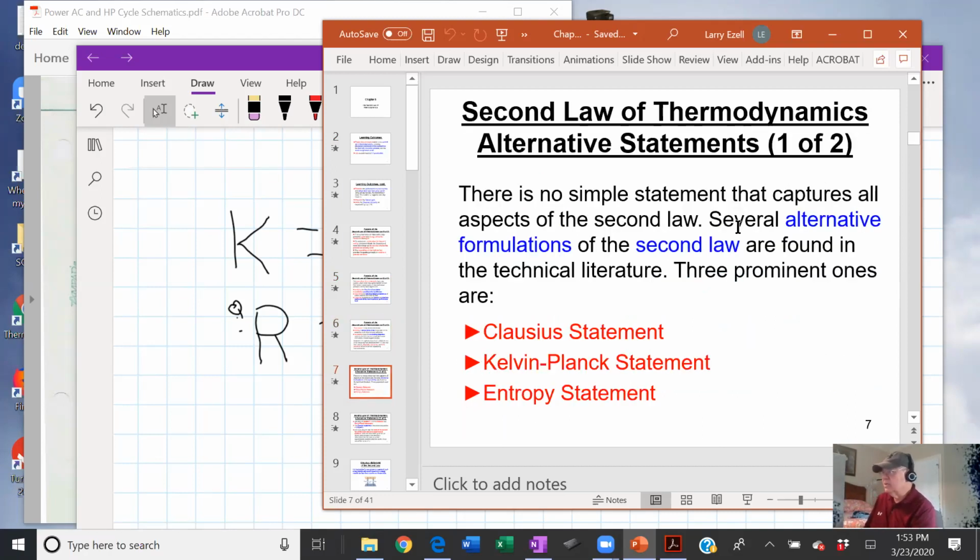Okay, like I said, there's no simple statement to capture all the aspects of the second law. Several alternative formulations of the second law are found in the literature, which we're going to go over. The prominent ones are the Clausius statement, the Kelvin-Planck statement, and the entropy statement. We're going to cover each one of those.